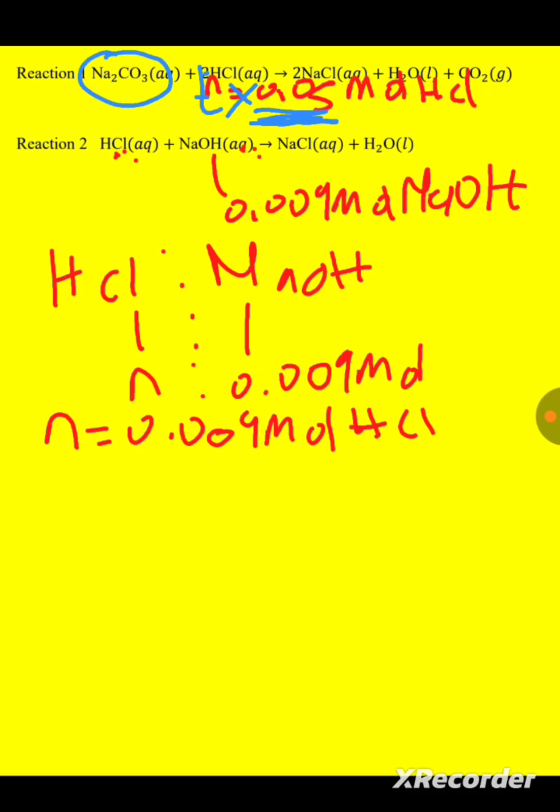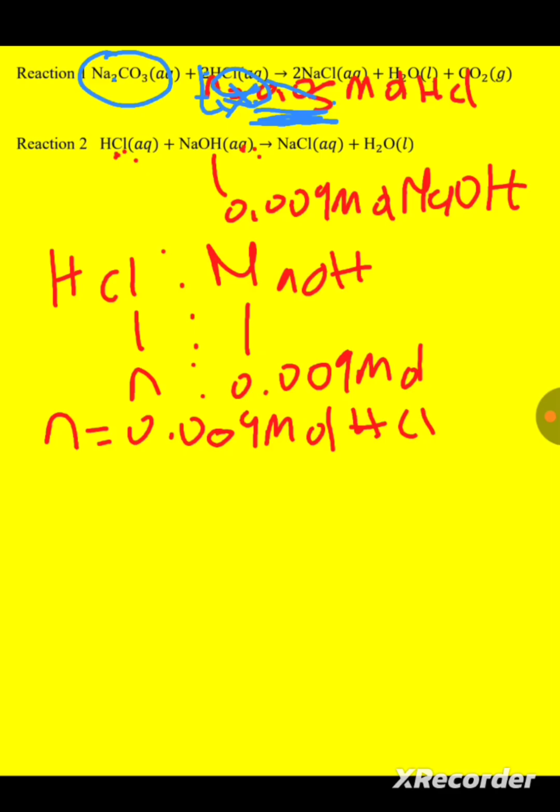I can't use ratio here, because not all the number of moles of the initial will react completely with the sodium carbonate. Hence, that's why this is excess.